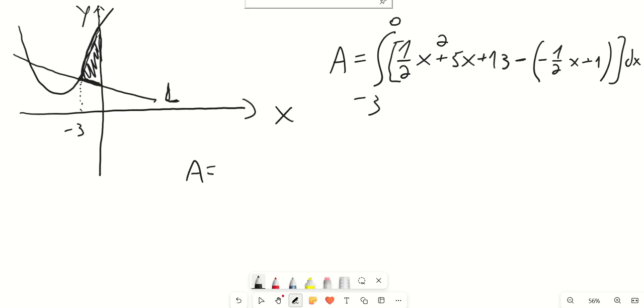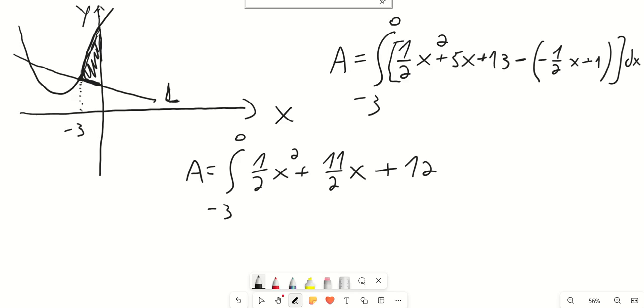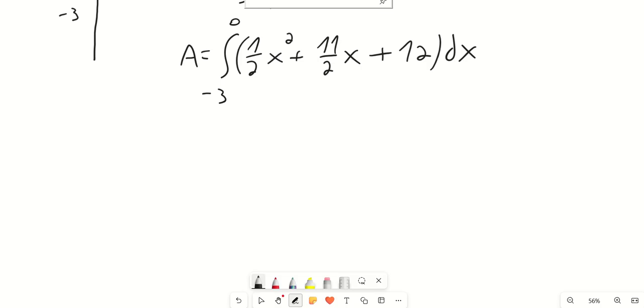First, I'm going to simplify the term under the integral. So I have half x squared plus 5.5x, which is 11 over 2 x, and plus 12, since 13 minus 1 is 12. So let's integrate.